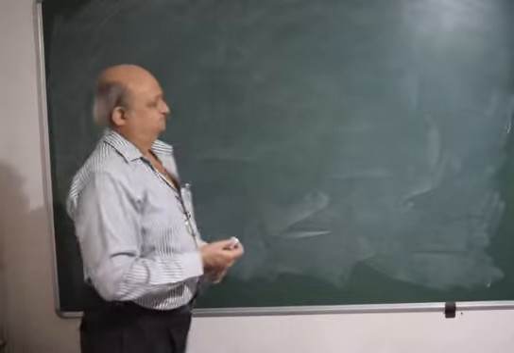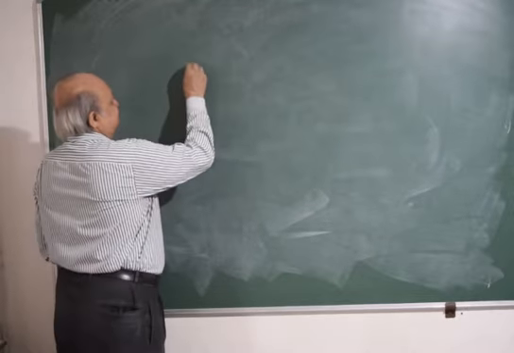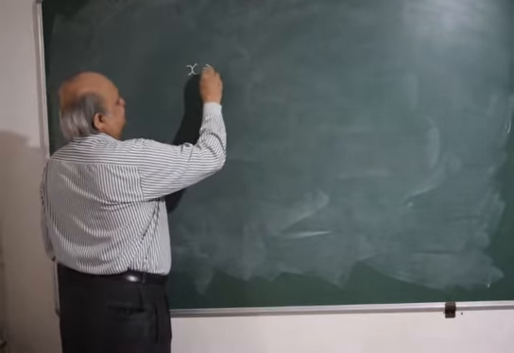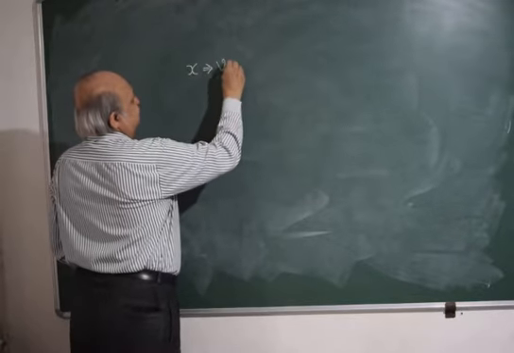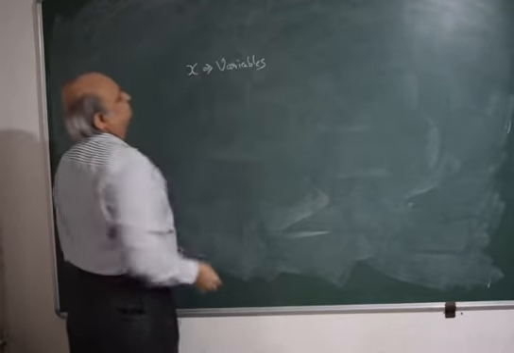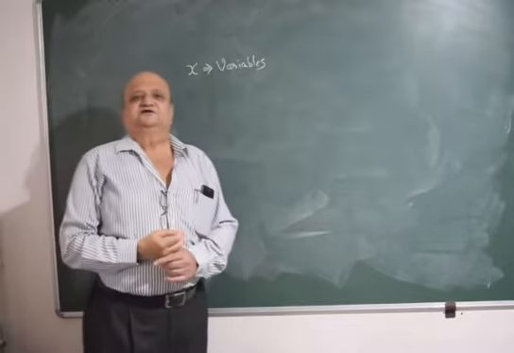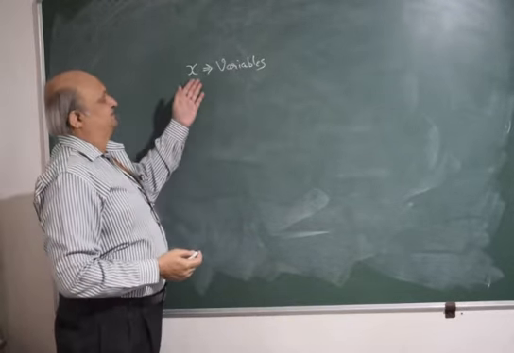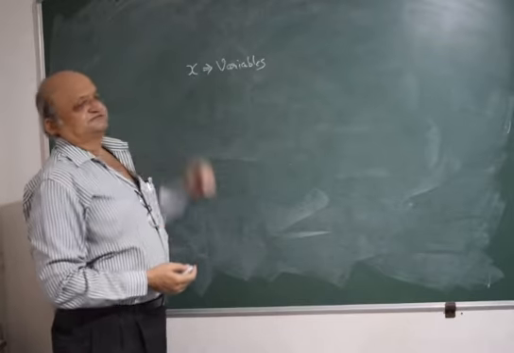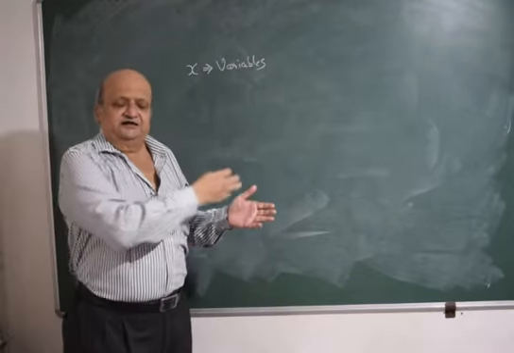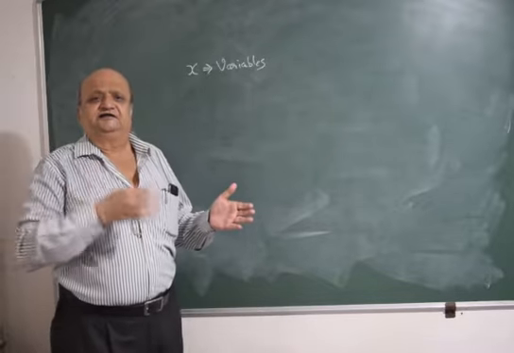These numbers written as alphabets are called variables. Why are they called variables? Because depending upon the question, the x that we have taken can take any value, any value.